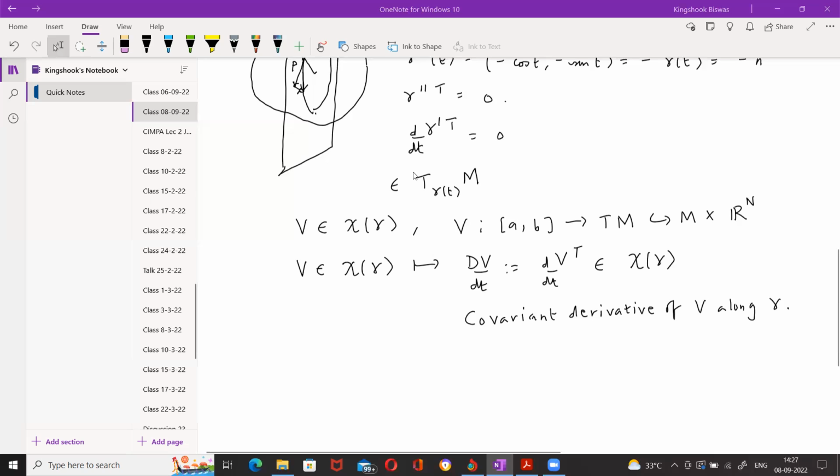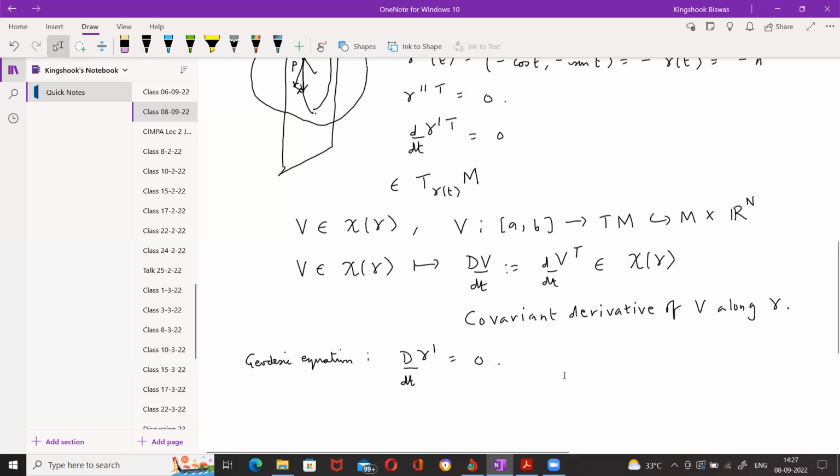In terms of this, the geodesic equation is the following equation: that the covariant derivative, capital D/dt, of gamma prime is equal to 0, right? This is the geodesic equation.